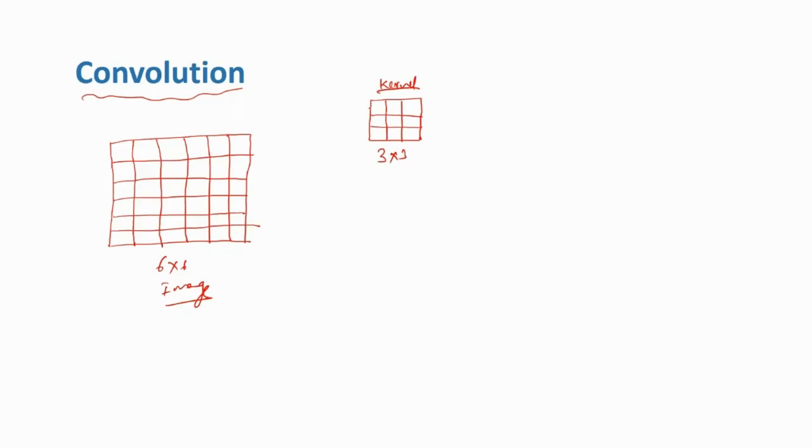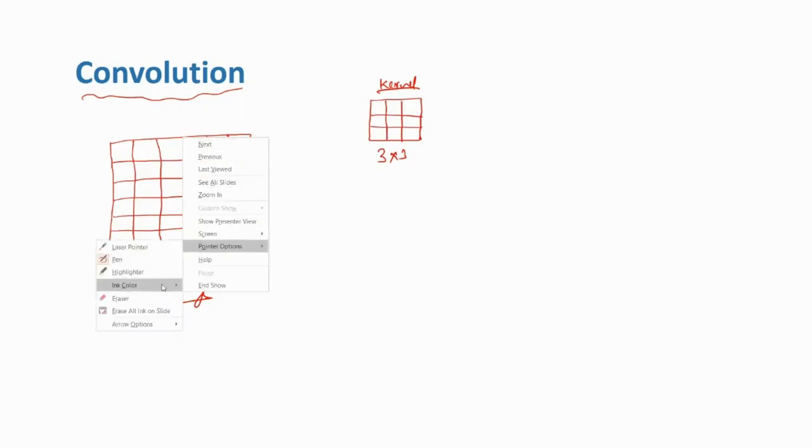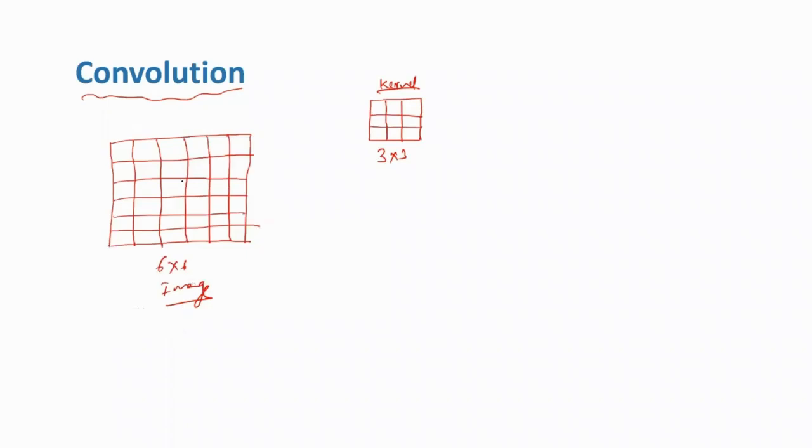This kernel basically is put on the top of this image. Okay. How? Initially I have put this kernel here. 1, 2, 3. 1, 2, 3. 3 by 3.